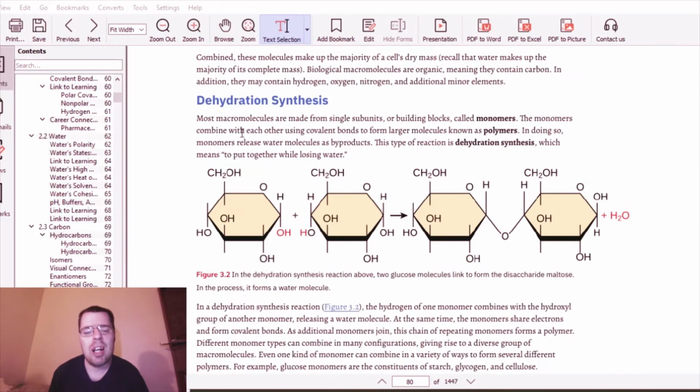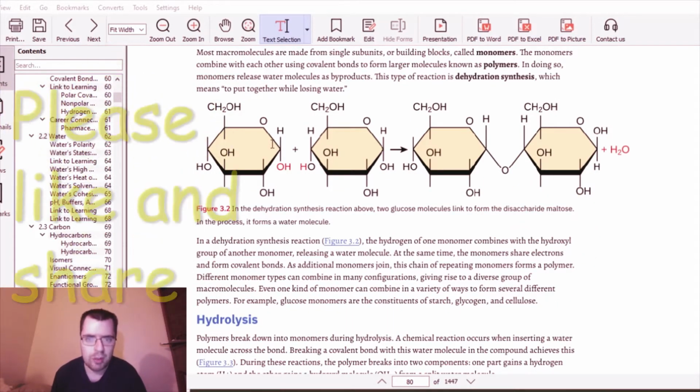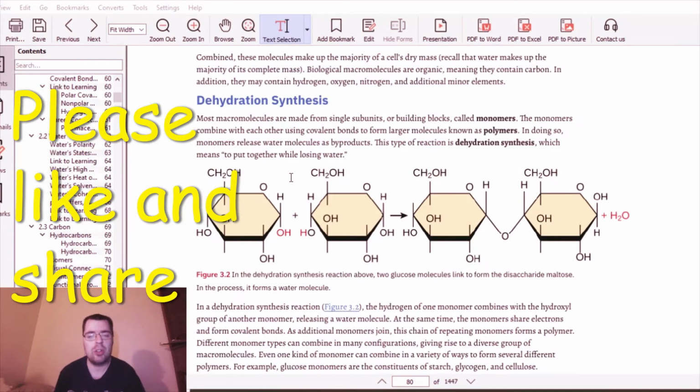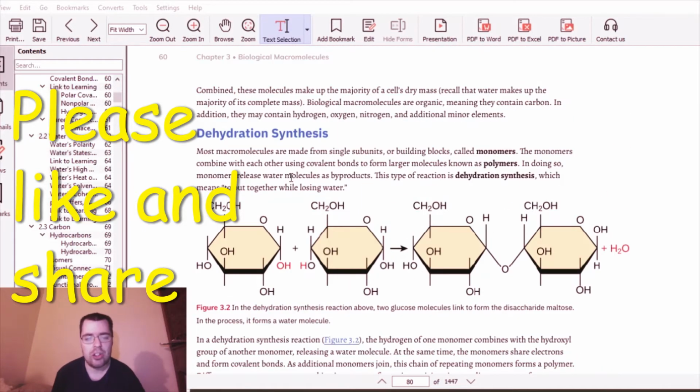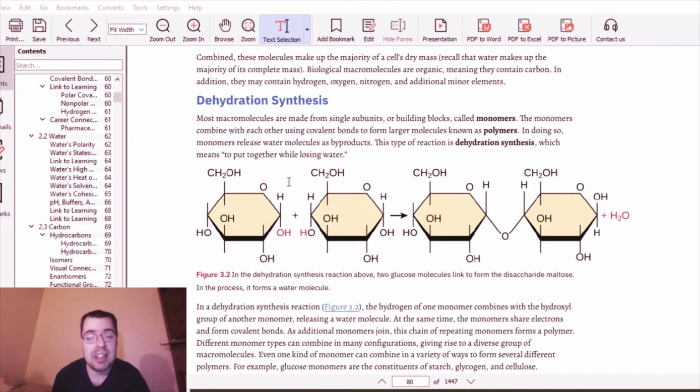Now, in terms of how polymers and monomers are formed and how macromolecules are combined, there are two processes. The first one is dehydration synthesis. In essence, dehydration synthesis is when two independent monomers, which are single subunits or building blocks of macromolecules, combine and release water, hence dehydration.